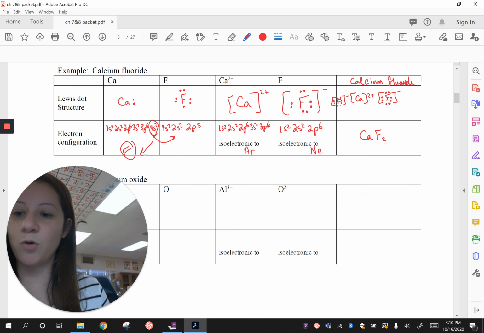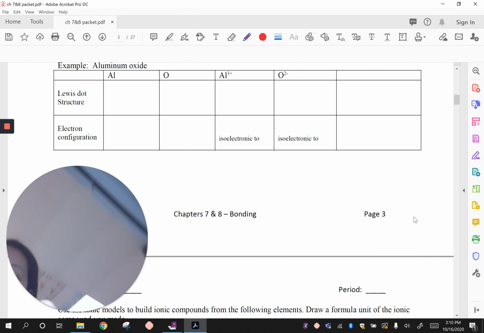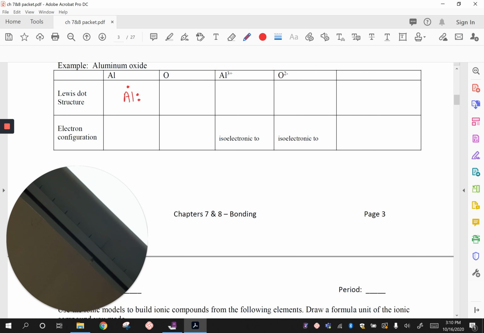Let's try to practice one more. Aluminum oxide. So aluminum is Al with 3 valence electrons, and its electron configuration is 1s2, 2s2, 2p6, 3s2, 3p1.